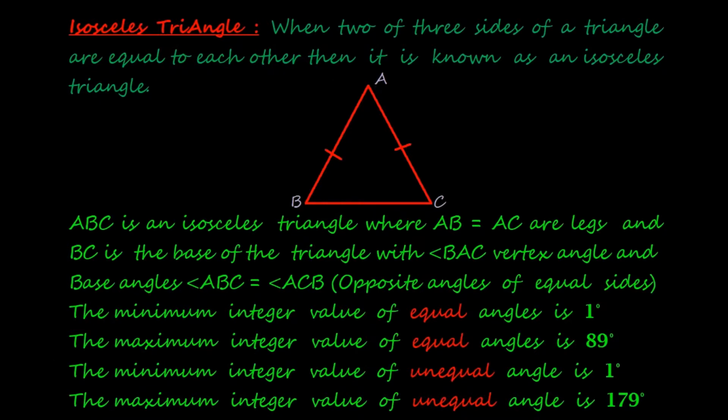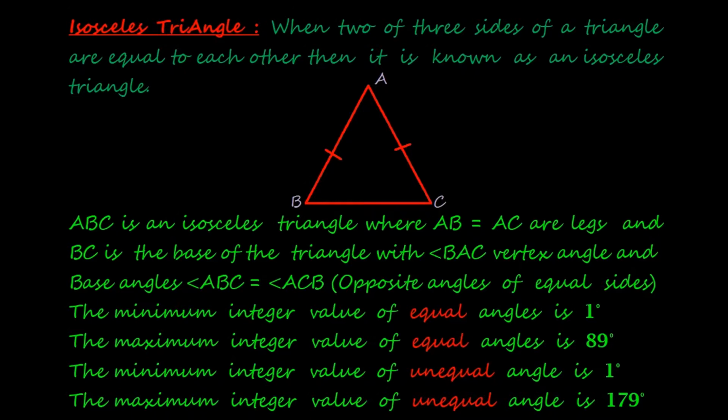Isosceles triangle. When two of three sides of a triangle are equal to each other, then it is known as an isosceles triangle. In the figure, ABC is an isosceles triangle where the two sides AB equals AC.